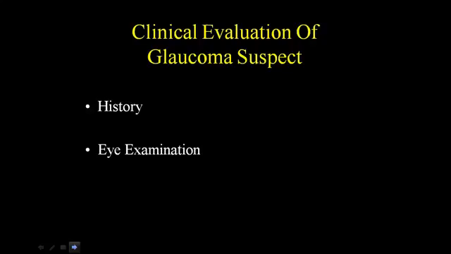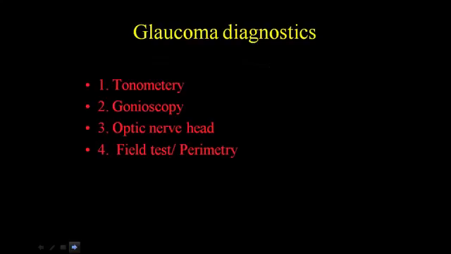Then you also have to inquire about congestive heart failure and asthmatic respiratory problems, which may worsen during the treatment by using beta blockers. Then you have to take a history regarding any vasospastic disease like migraine or Raynaud's phenomenon. Then you have to inquire about any low blood pressure or hypotension, and this may increase the patient's susceptibility to pressure-induced damage.